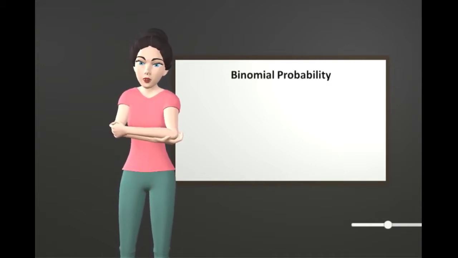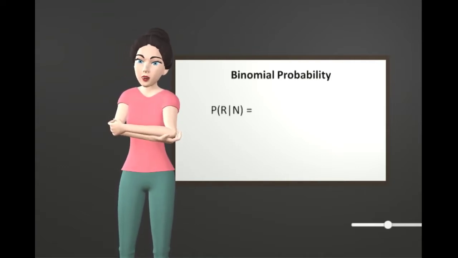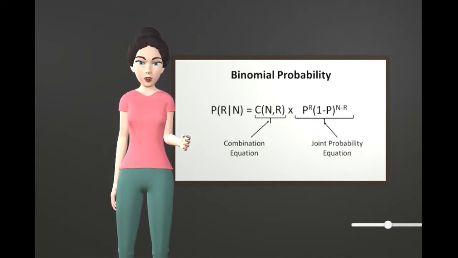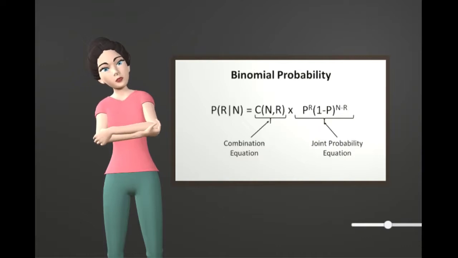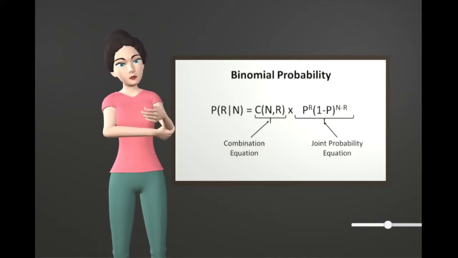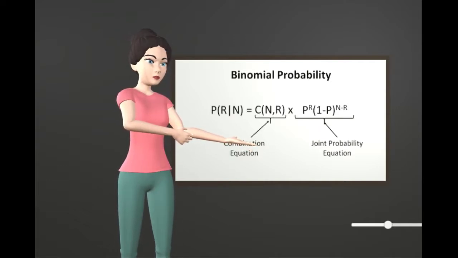You can figure out the probability of getting R successes out of n trials by multiplying the number of combinations for a sequence that has R successes out of n trials by the joint probability of any one of those sequences. When you do this, you are finding the probability of R successes in n trials. So if you put all that together, you get the formula on the screen. This is what we call a binomial probability.